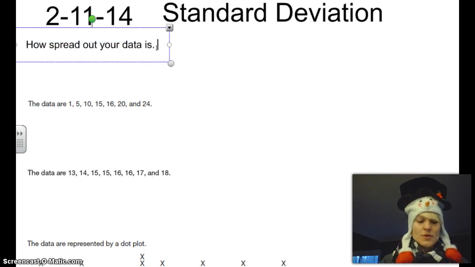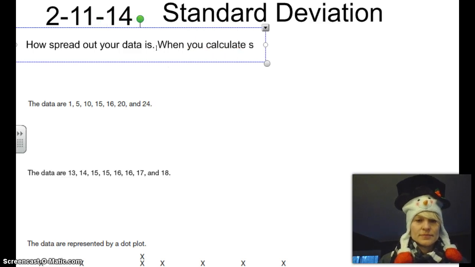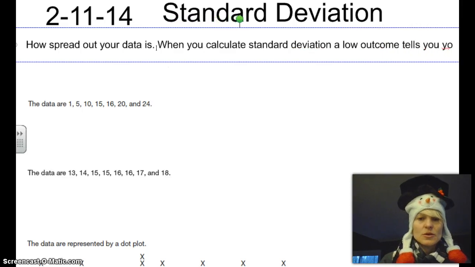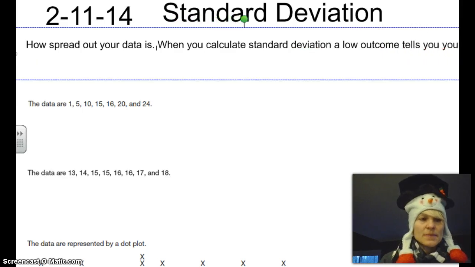So when you calculate standard deviation, a low outcome tells you your data is close together.